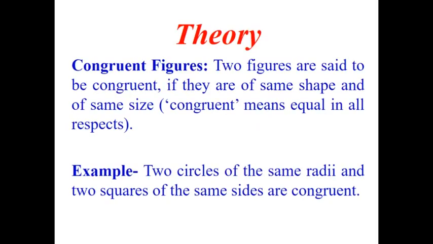Theory: congruent figures. Two figures are said to be congruent if they are of same shape and same size. Congruent means equal in all respects. Example: two circles of the same radii and two squares of the same sides are congruent.